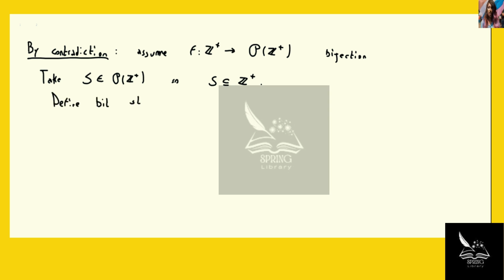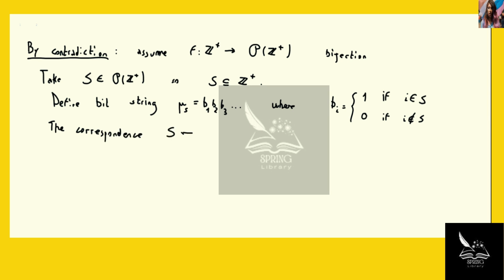We define a bit string associated to S, let's call it mu of S, which is defined as the bits B1, B2, B3, and so forth, where the bits are defined as Bi is equal to 1 if i is in the set S, and 0 if i is not in the set S. So for instance, if the set were 1, 2, then the string associated to S would be 1 in the first position because 1 is in the set, 1 in the second position because 2 is in the set, and 0 everywhere else.